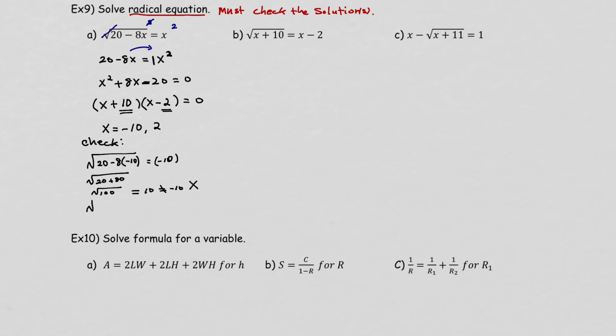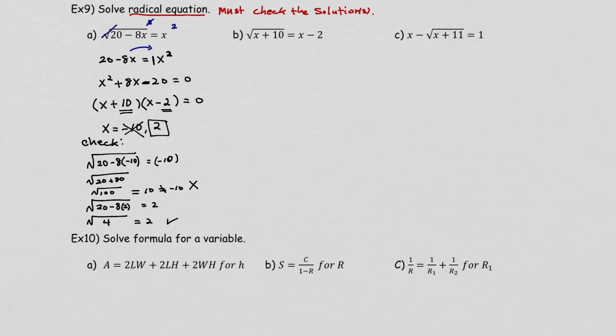But if you replace x with 2, 8 times 2 is 16, so this is going to be 20 minus 16, so it will be 4. Is that equal to 2? Yep. So the only solution I can keep is this one, 2.